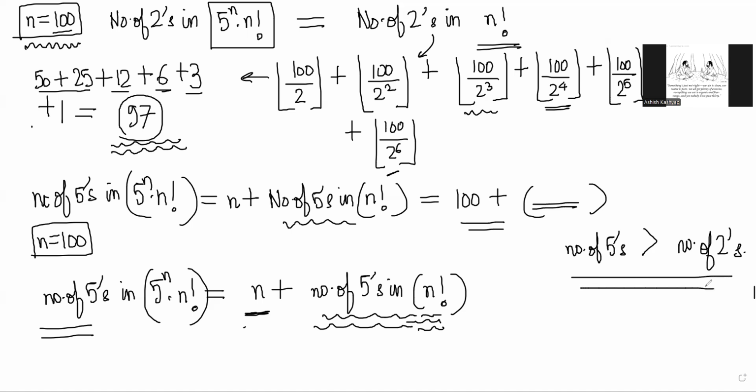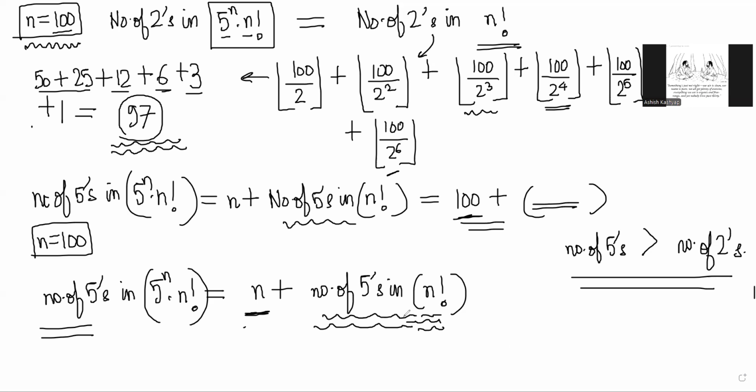Usually that is not the case. If you have a higher prime number, the exponent will be lesser. But in this case, because we have 5 power n into n factorial, the number of fives is bigger than the number of twos for n equal to 100. I hope you are following what I'm saying. Yes, somebody is saying there are more 5s than 2s.